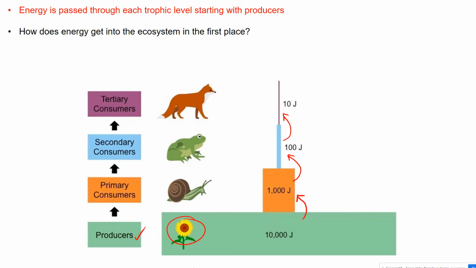So here's this question. How does energy get into the ecosystem in the first place? Well, it's because plants can harness the power of the sun. That's actually really cool. Animals can't do that, right?